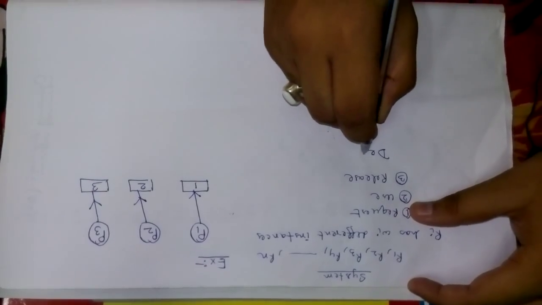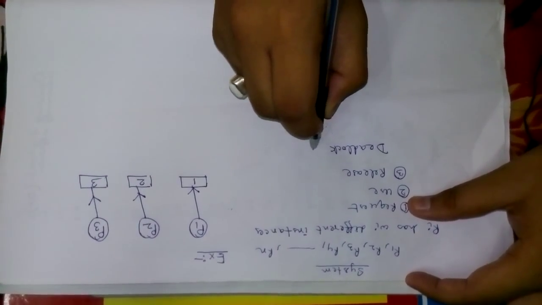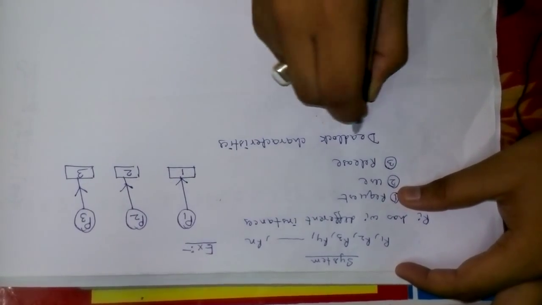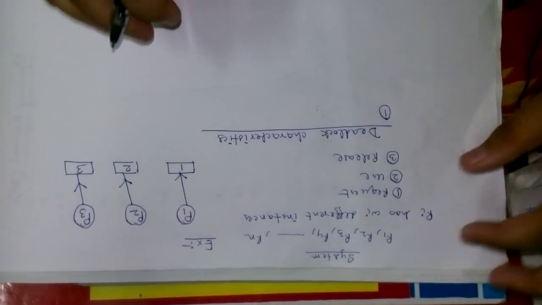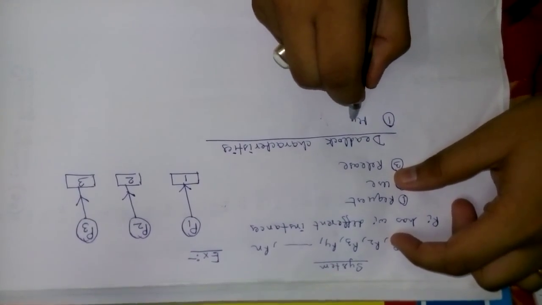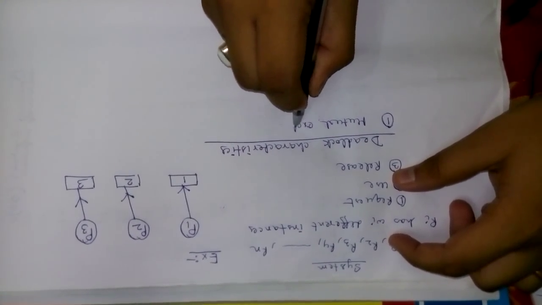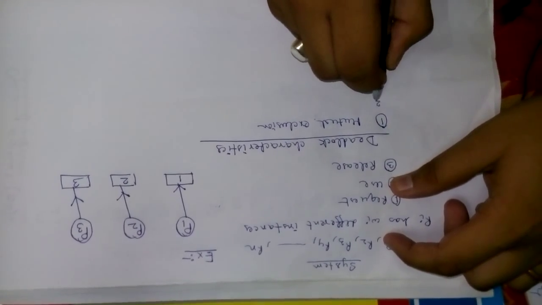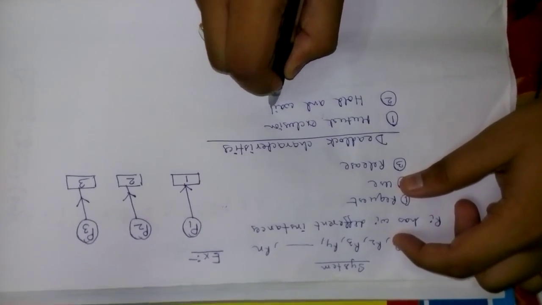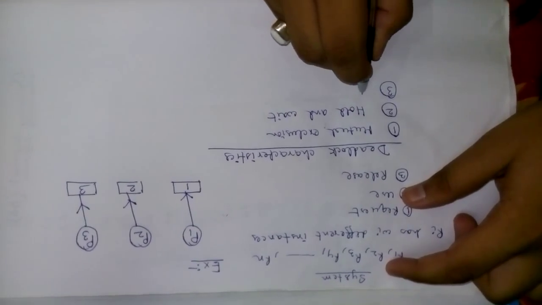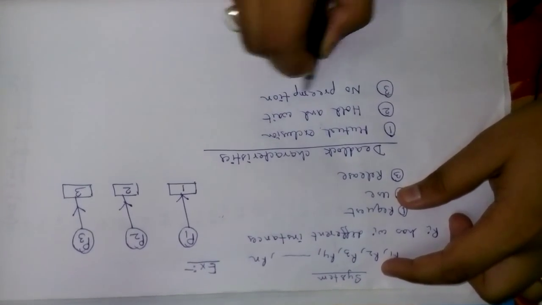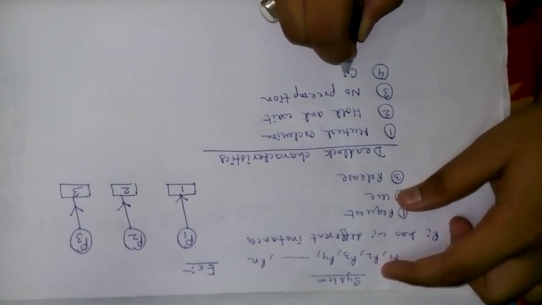Now we are going to study the deadlock characteristics: mutual exclusion, hold and wait, no preemption, and circular wait.